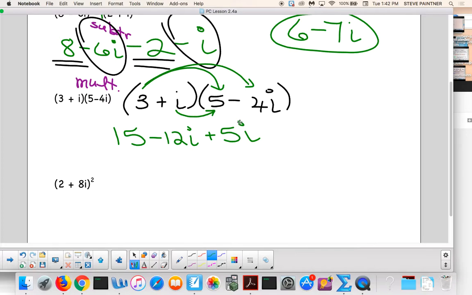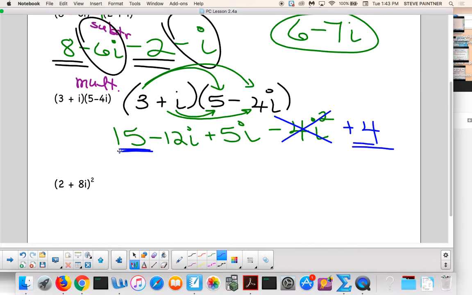I did not do last because I want to see what you say. Last times last is negative 4i squared. But then you can simplify that to make it a positive. This is really just what? Plus 4, because i squared is negative 1, and negative 1 times negative 4 is positive 4. Final answer, real part is what? 19. Then what? Minus 7i. Okay, good.